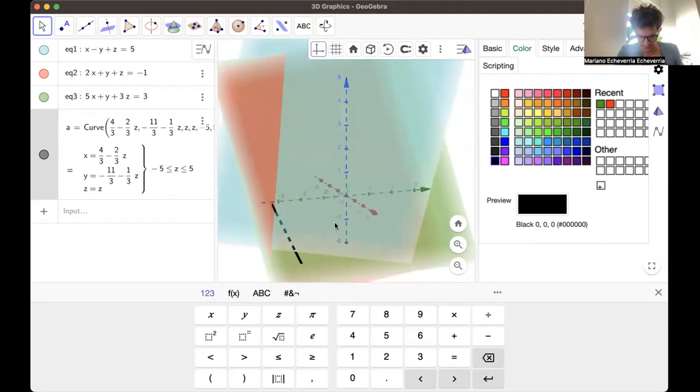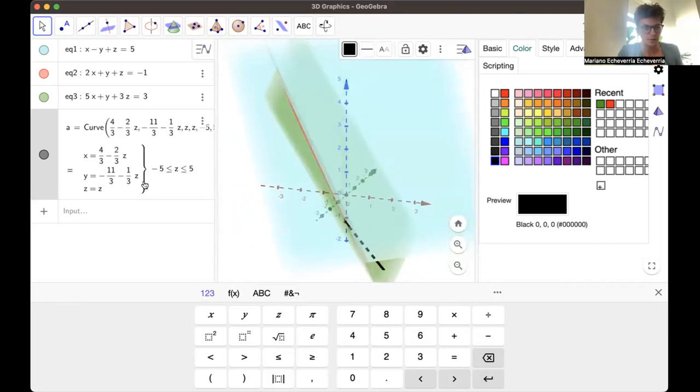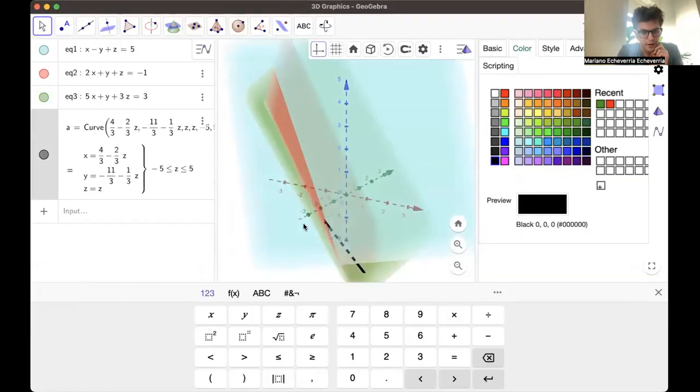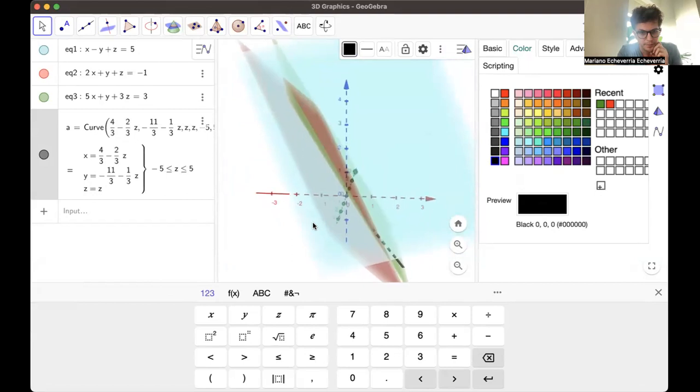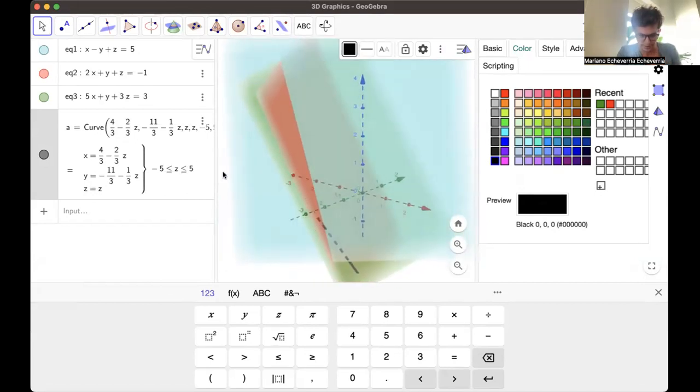Let's see. This doesn't look correct. Let me check. Did I enter anything wrong? Where's the mistake?